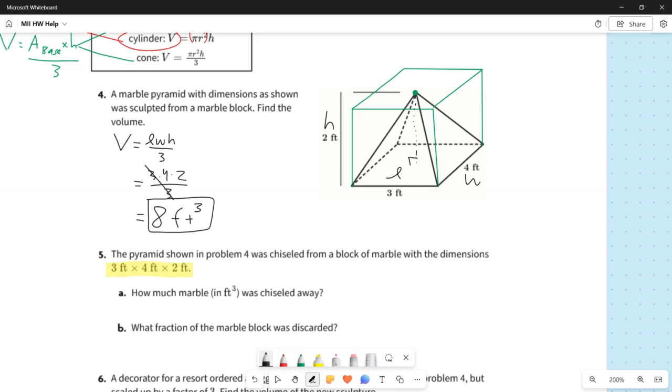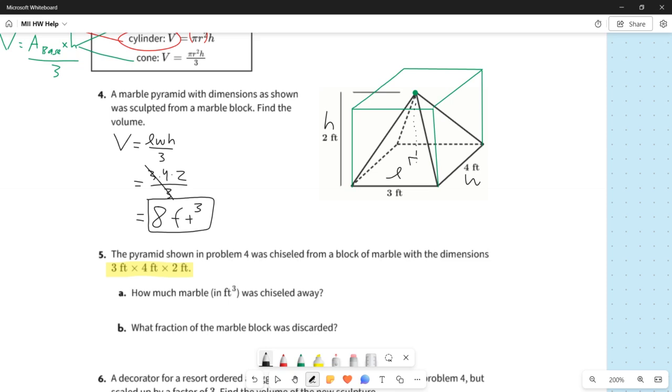If I take my original block and subtract the pyramid, the difference is what is no longer there, because the pyramid plus whatever I got rid of together makes the block.